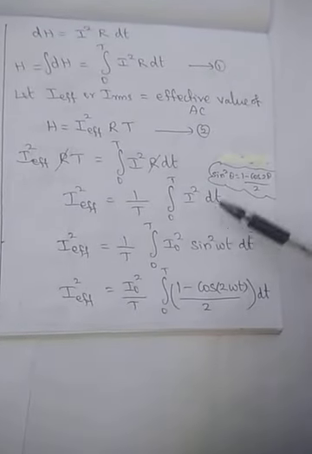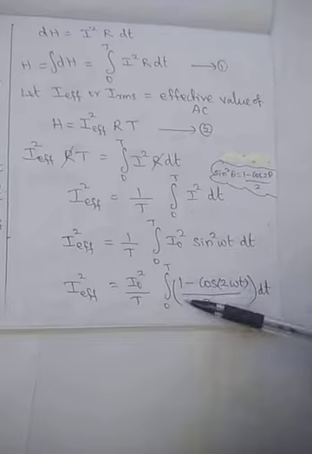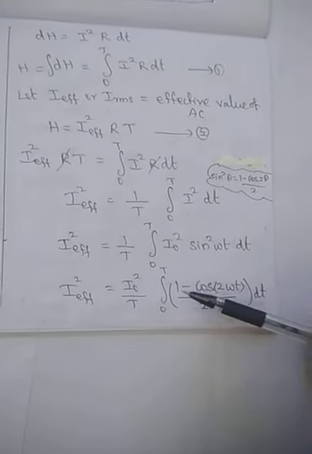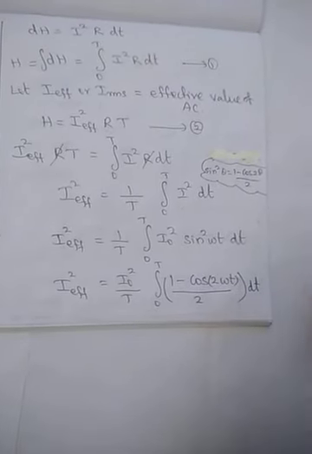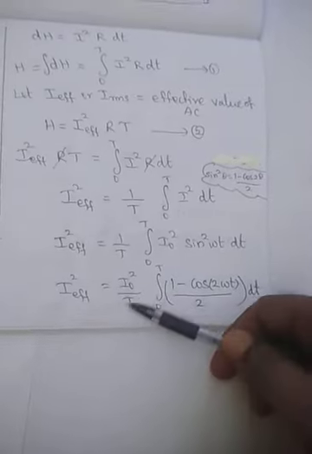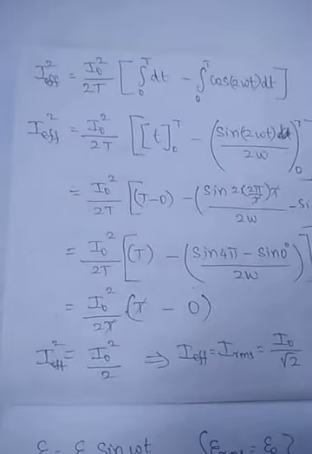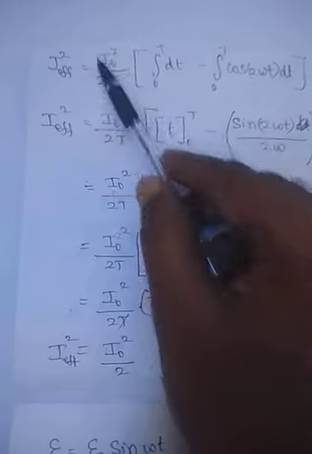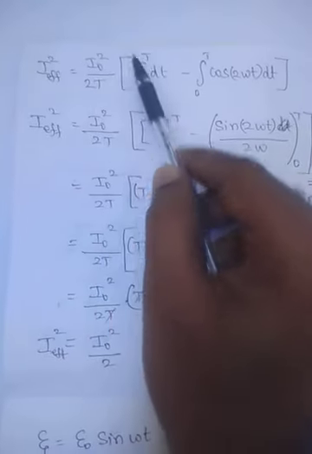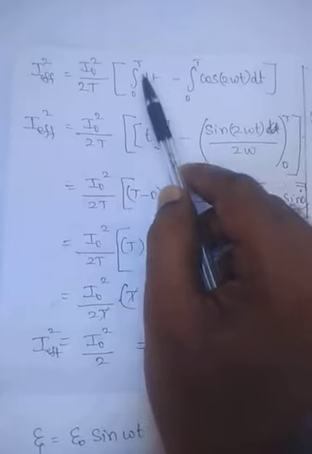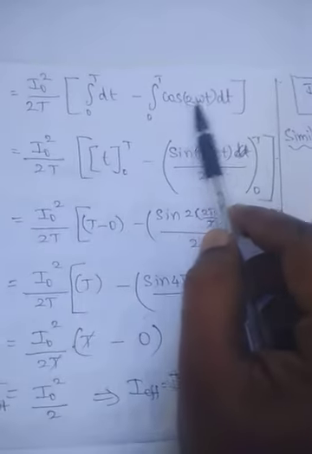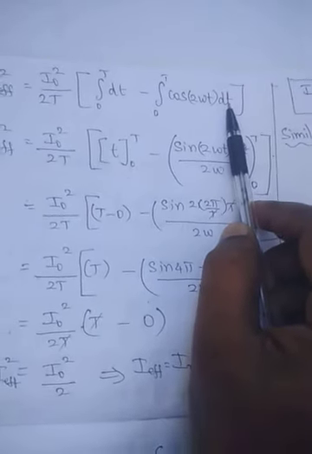Finally we arrive at the expression by substituting the current value. Sin squared theta is equal to 1 minus cos 2 theta by 2. Taking the 2 outside, we arrive at I effective squared is equal to I naught squared by 2T times the integral of dt and the integral of cos 2 omega t dt, separately.